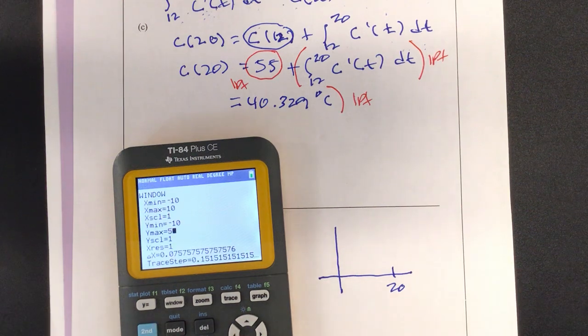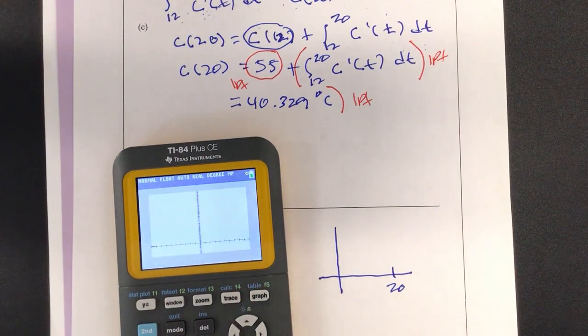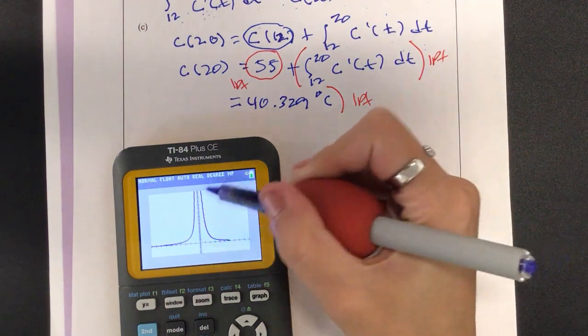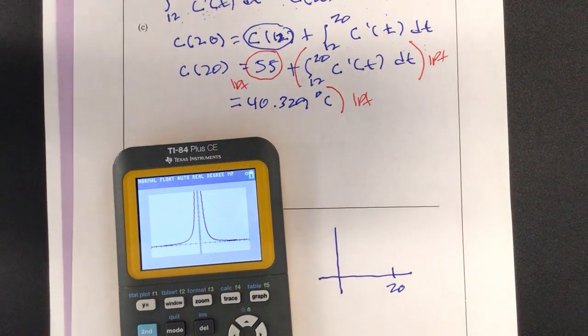Maybe like 50 might be good enough. And I'm just going to go to graph. And we're looking at the behavior of the graph. Okay, the piece that I care about is from 0 to 20 or 12 to 20. Do y'all see it's kind of like declining all the way and getting closer to the asymptote?